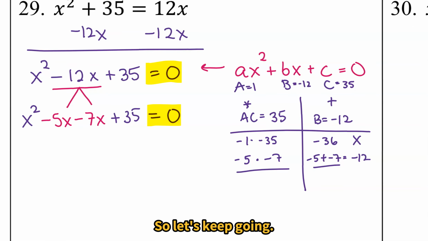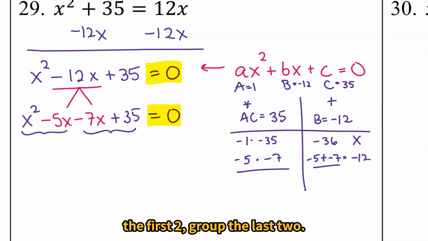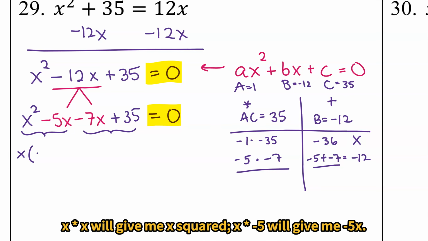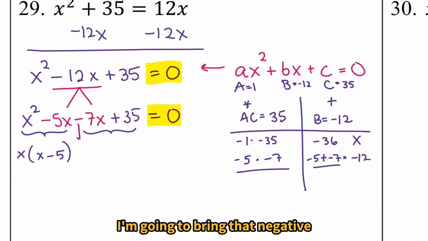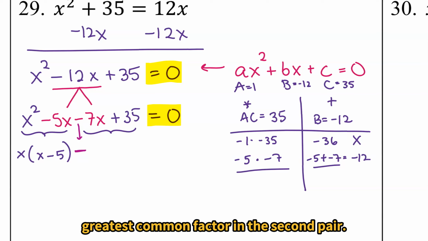So let's keep going. X squared minus 5x, let's group the first two, group the last two. X squared minus 5x has an x in common, so I can use the reverse distributive property. X times x will give me x squared. X times negative 5 will give me negative 5x. I'm going to bring that negative sign down in the middle and factor out a negative greatest common factor in the second pair.